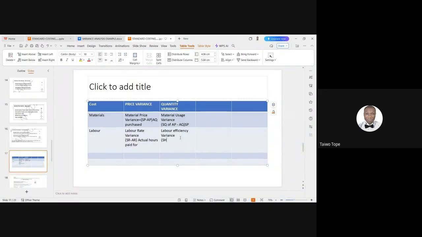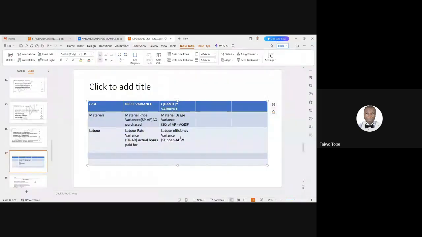Standard hour based on actual production. If you check some of your literature, this is how they will write it, based on actual production, BOAP. Standard hour based on actual production minus actual hours worked. If you are using your book, you can write it in full so that when you are going through it, you'll be able to understand.